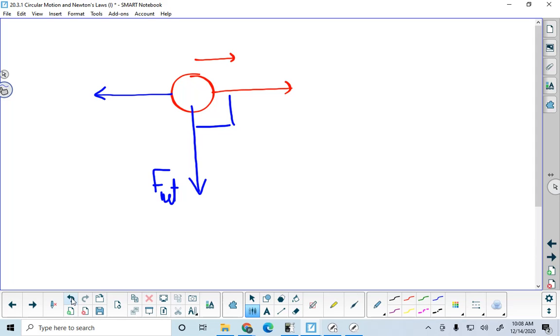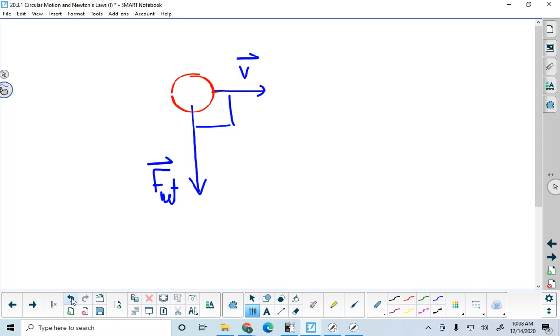It has to be exactly perpendicular, and now I'm going to get rid of these and put in, this is going to be a confusing diagram, I'm going to put in a velocity vector and the net force. Let's even say there are no other forces. Why does the net force have to be perpendicular to the velocity?